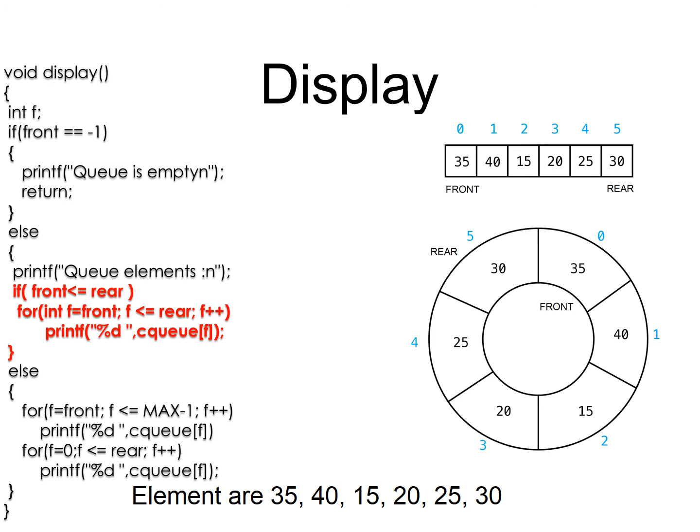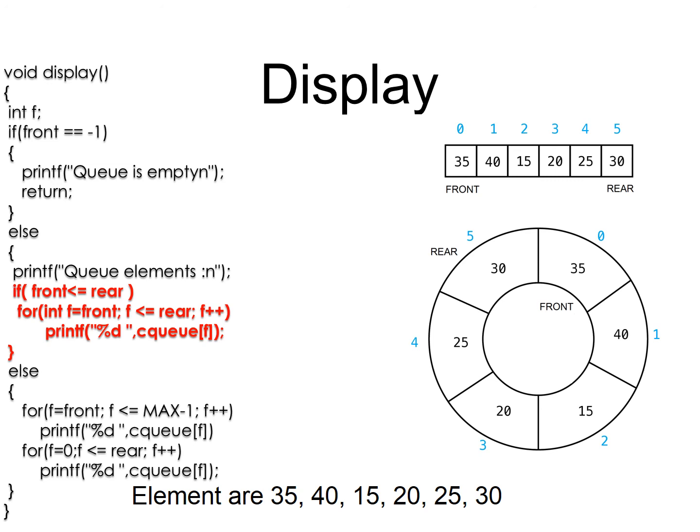Now I'll check the condition whether front is equal to -1. If it is equal to -1, it just prints my circular queue is empty. Now if this condition fails, we will come to the next printing mechanism. I'll check the next condition whether front is less than or equal to rear. That means if front is in the first position and rear is in the last position, front will be smaller than rear. If that is the case, print all the elements from front to rear.